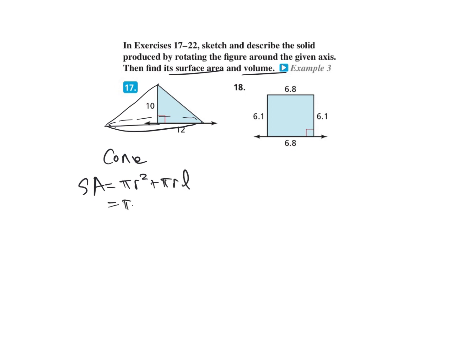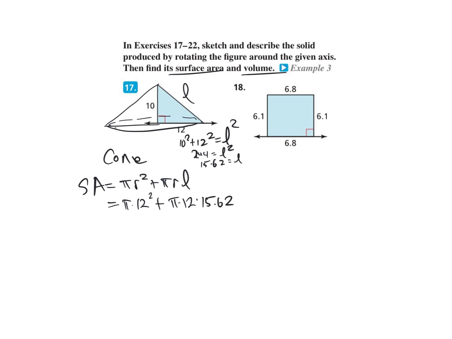So pi times the radius 12 squared plus pi times 12, and then we have to get the slant height, so we do the Pythagorean theorem. 10 squared plus 12 squared equals the slant squared. So 100 plus 144 is 244, and the square root of that is 15.62. All right, so that goes right here.